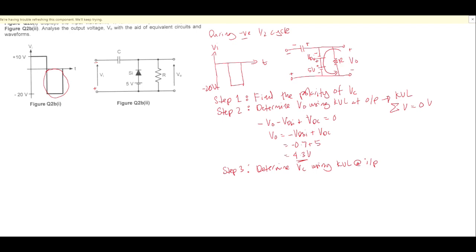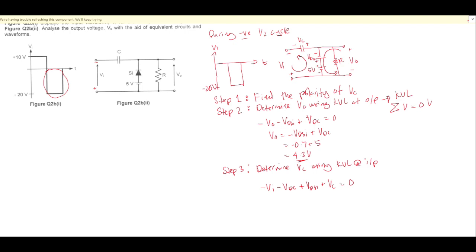For example, I just draw a loop for the input side as counterclockwise. We start from V in, negative V in, then you will meet VDC, minus VDC, followed by positive VDSI, and then plus VC equal to 0, right?